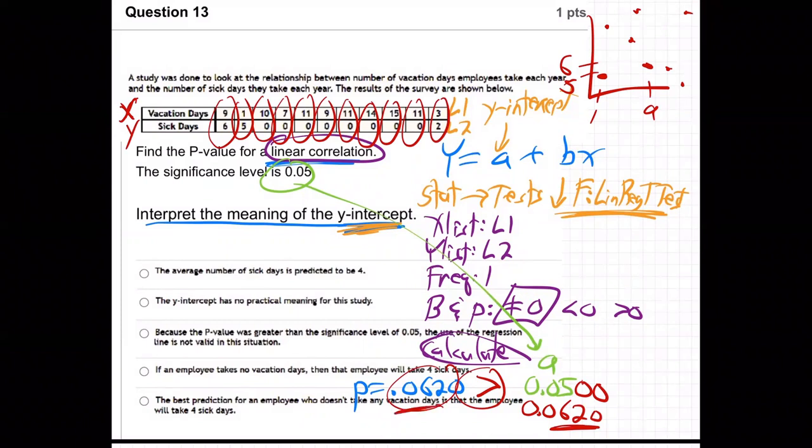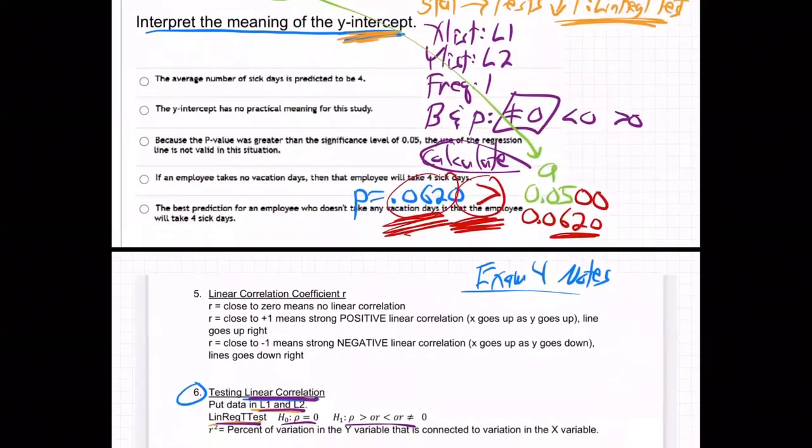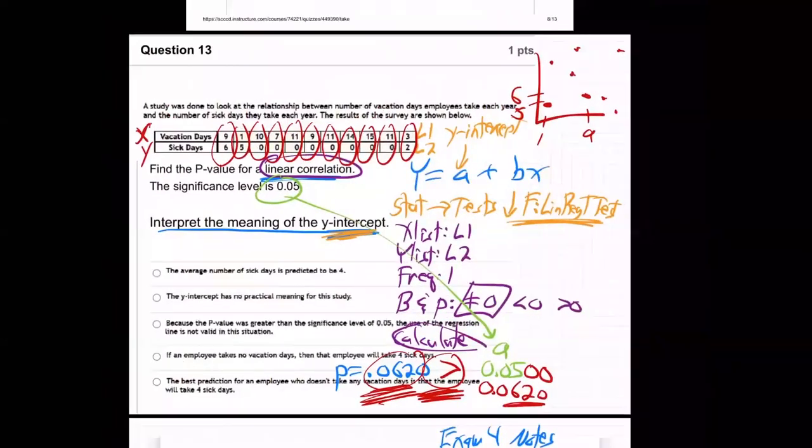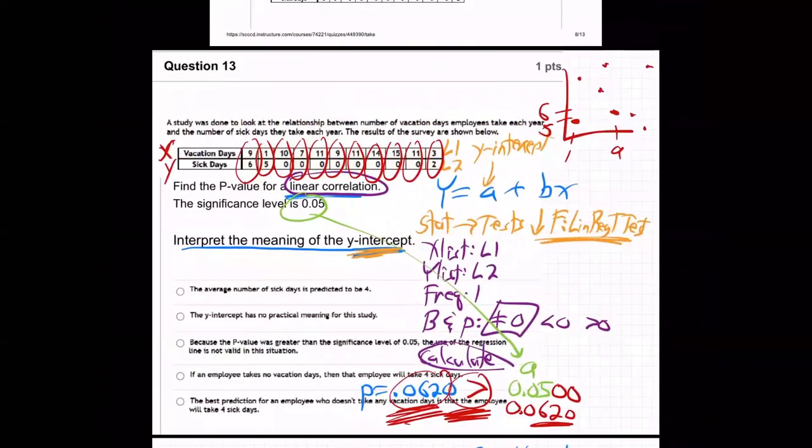The calculator is telling us, when it tells us the p-value is greater, it's saying there's not strong evidence. That's what it says down here for us. P-value is greater. There is insufficient, not strong. It's too weak to allow us to use the equation. So this equation we just got, it doesn't fit.